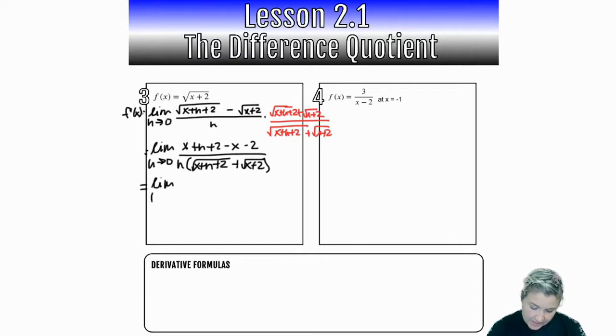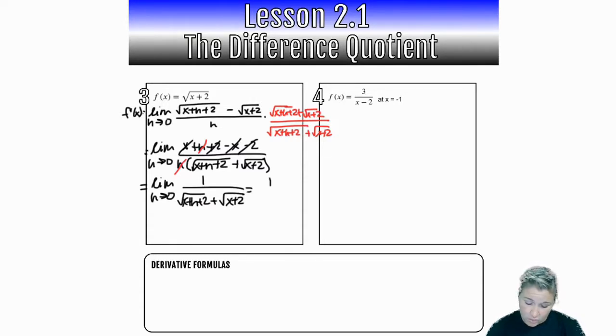So the limit as h approaches 0. These all subtract out nicely, and I'm left with h. The h divides out here, so I'm really left with 1 over the square root of x plus h plus 2 plus the square root of x plus 2. And then h approaches 0.